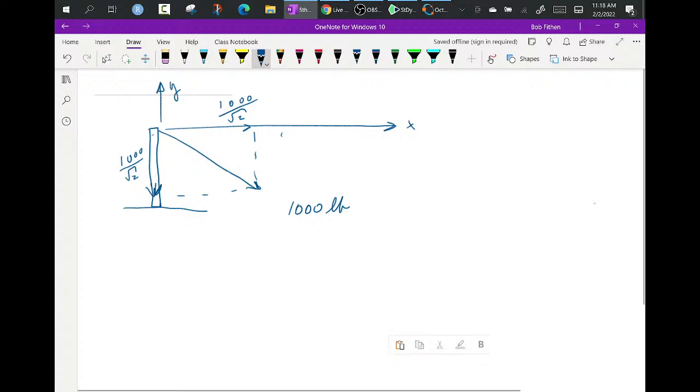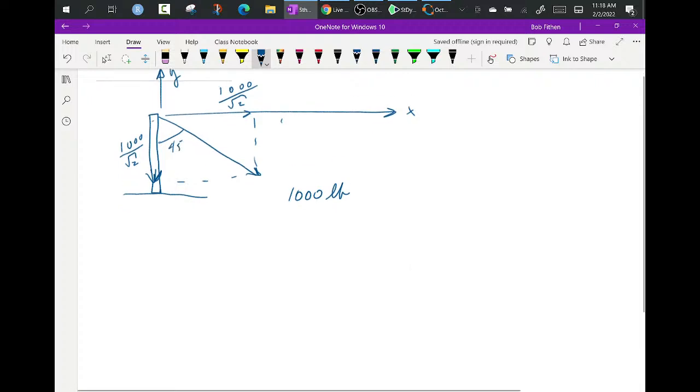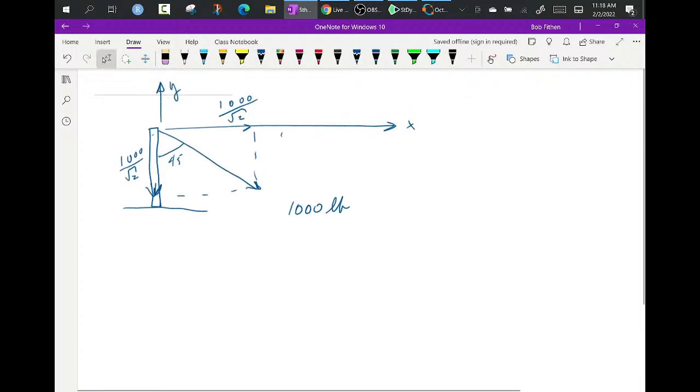And that was because you knew that was 45 degrees. So your case in point is you may want to know this load, and you may not care about that one, but you may want to know that one too. It just so happens that's 45 degrees.